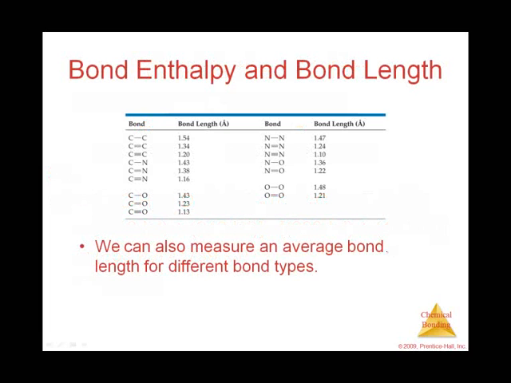Bond length is closely related to bond energy. The higher the bond energy, the lower the length. These are close together. You know, lots of bungee cords pull these close together compared to these, a little further apart. And it all has to do with the pull of these electrons with the nuclei.